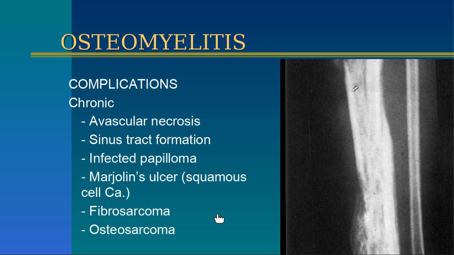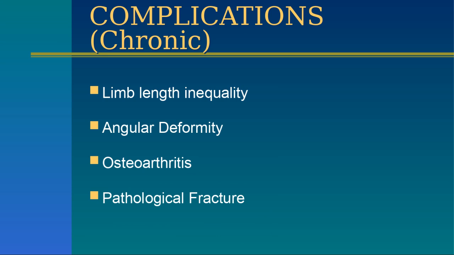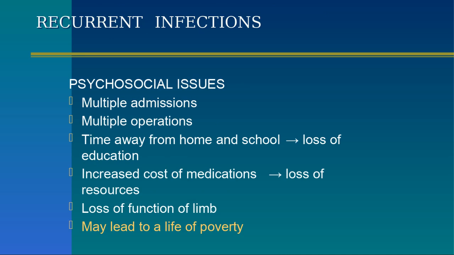And so in orthopedics, we operate under the guide, we biopsy all infections and we culture all malignancies, because infection, chronic osteomyelitis, is the great mimicker of conditions, including cancers. Limb length inequality, angular deformities, as I said, osteoarthritis, because it's destroying the joint, pathological fractures, all having significant implications.